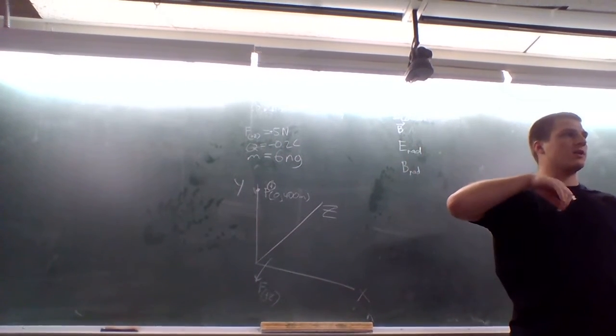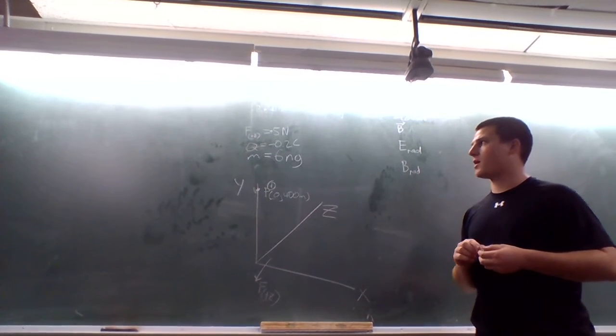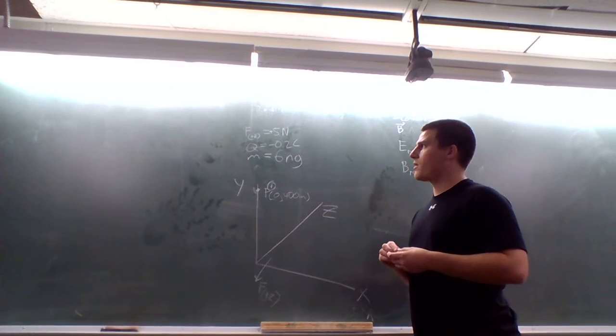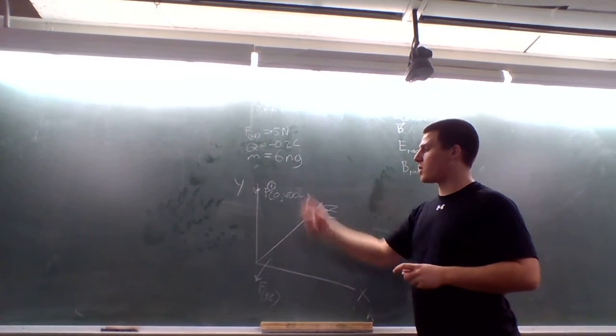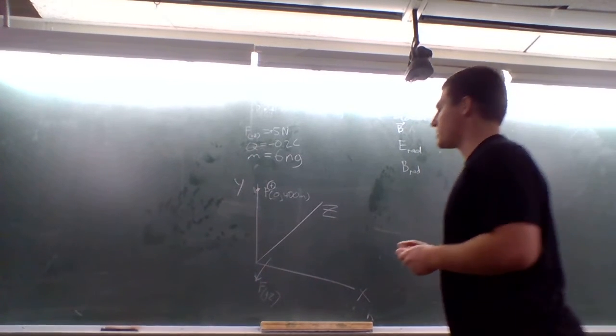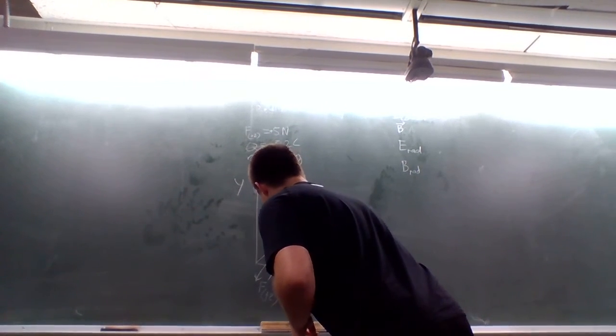So because it's negative, it's going to be basically slightly different than if we had a positive charge. So if we accelerate a negative charge in the plus z direction, what we're going to end up with is essentially a current going in the opposite direction.